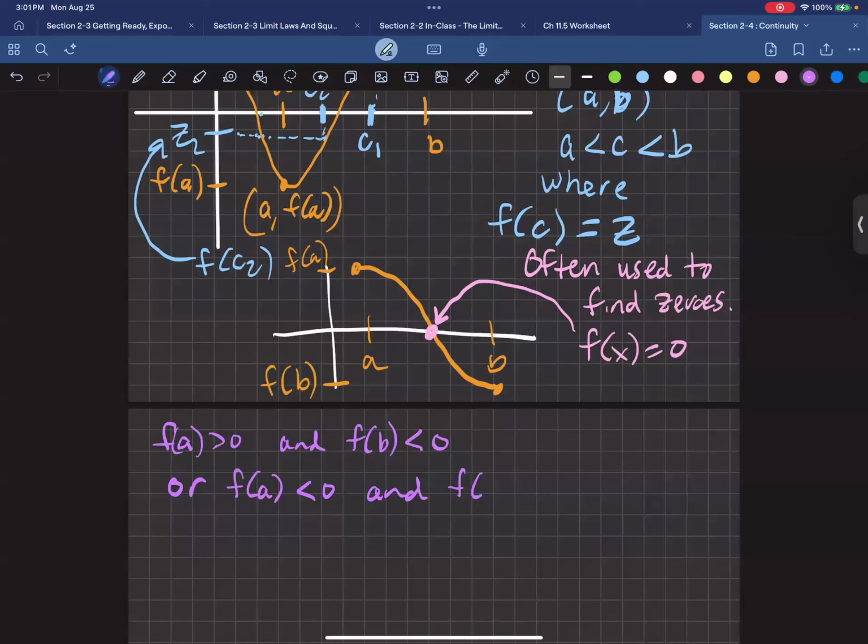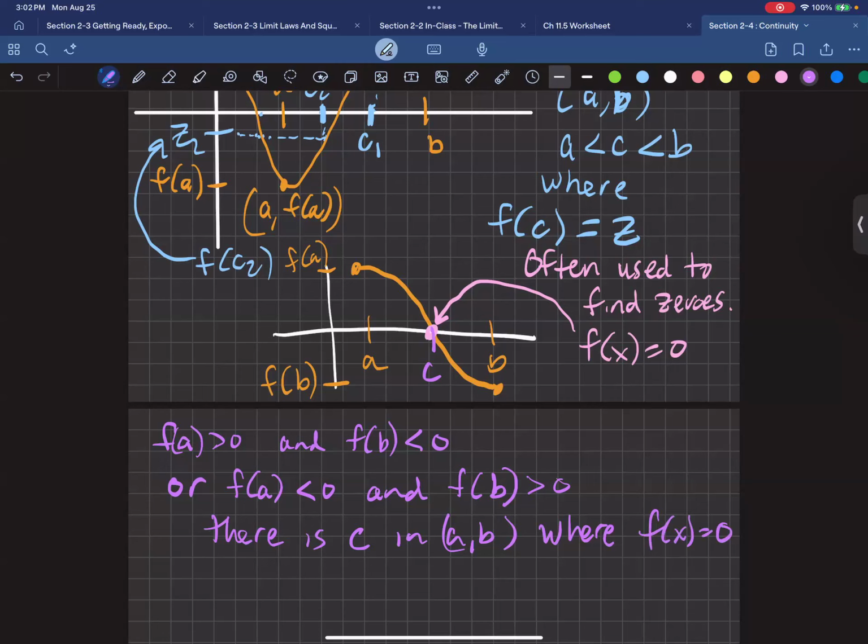There we go. f of B is greater than 0. There is a C in AB where f of x equals 0. This is how intermediate value theorem is used a lot.